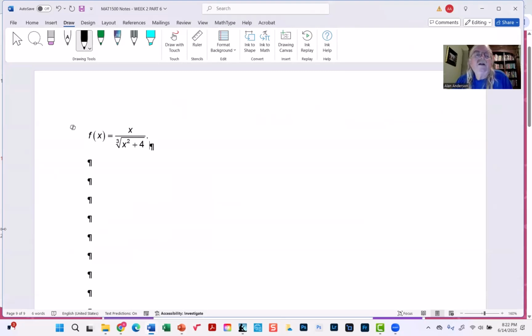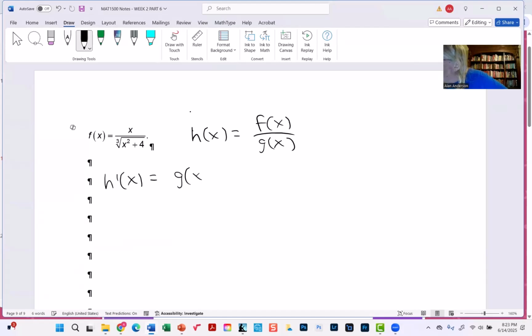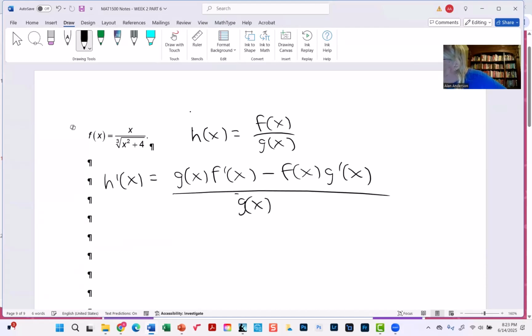So once again, I'm going to write this as f of x over g of x. And we know that from the quotient rule, this is going to give us... The only thing though is that calculating g prime of x will require the chain rule. That's really what is going to complicate this whole thing.